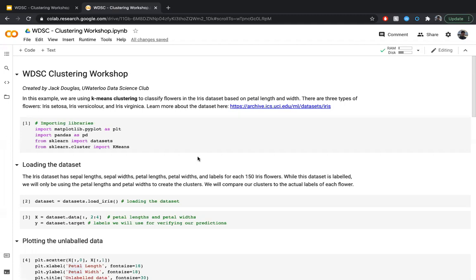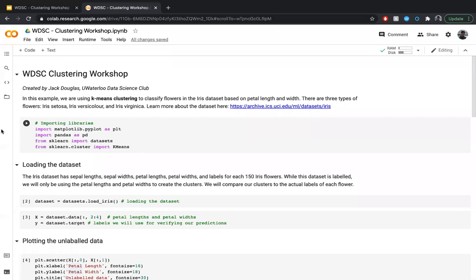The 3 types of flowers are iris setosa, iris versicolor, and iris virginica. The goal of this notebook is, based on the petal length and width, to create 3 clusters so that we can predict what type of iris flower it is. That's the goal of this notebook.